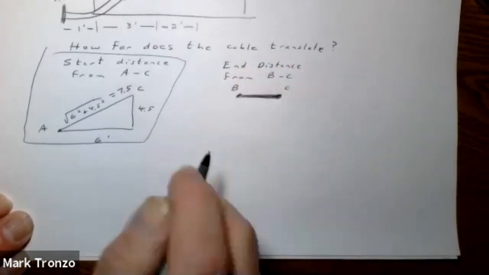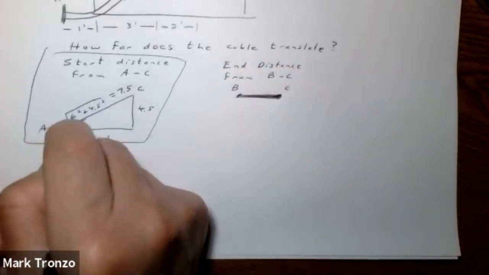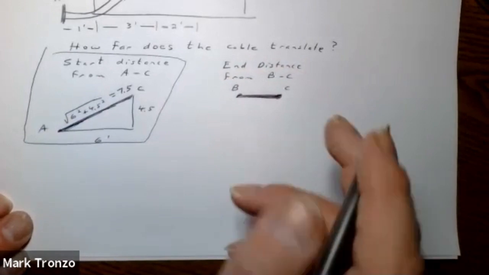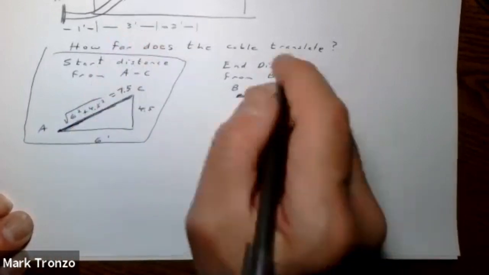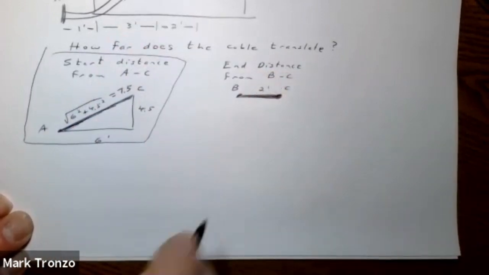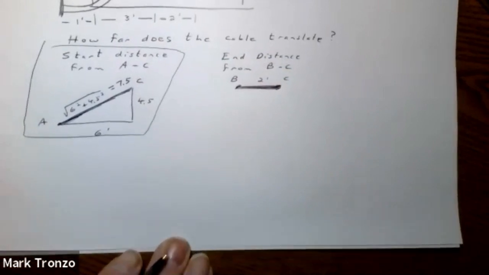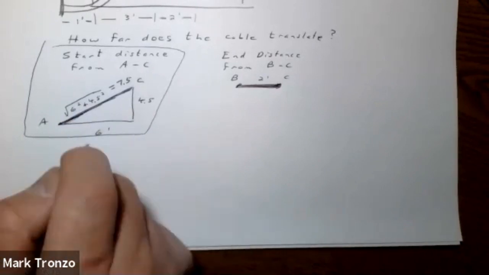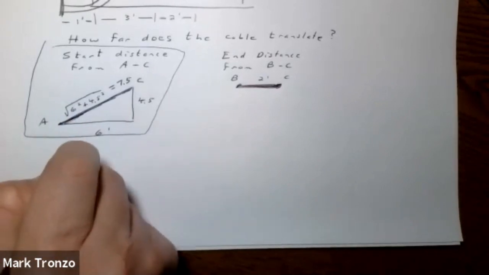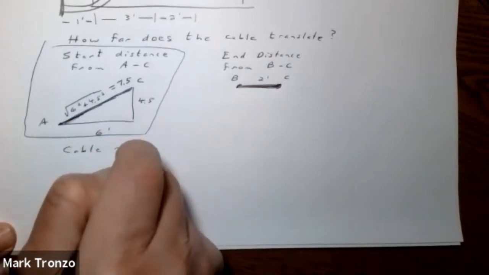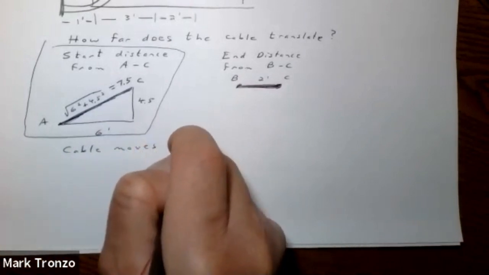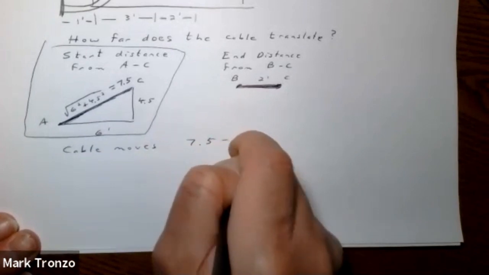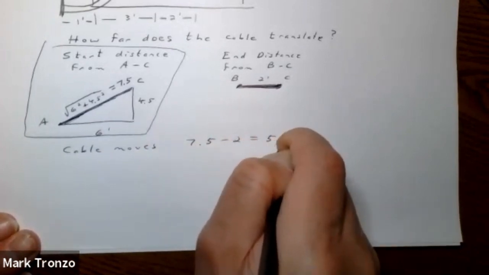The cable is just going to be up here. So it's going to start with this length and end up like this. And again, you can see from our picture, that's just 2 feet. So the cable moves 7.5 minus 2, or 5.5 feet.